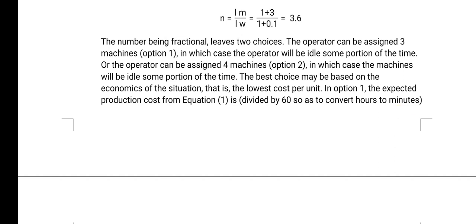That is, the lowest cost per unit. In option 1, the expected production cost from equation 1 is divided by 60 to convert to minutes.